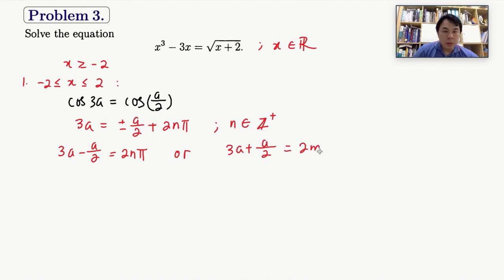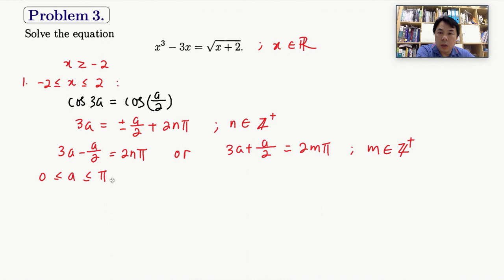Instead of using n, I might want to use a different symbol here, just to separate the possible solutions that we can have, and then making sure I define my m as all positive integers. And then don't forget, we also know that A is lying between 0 and π.